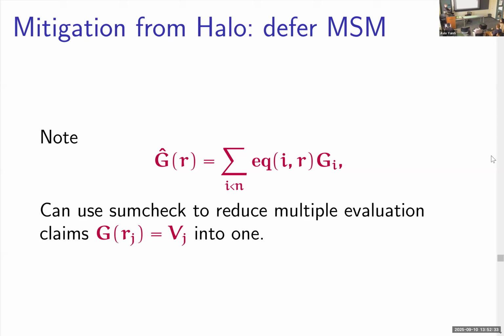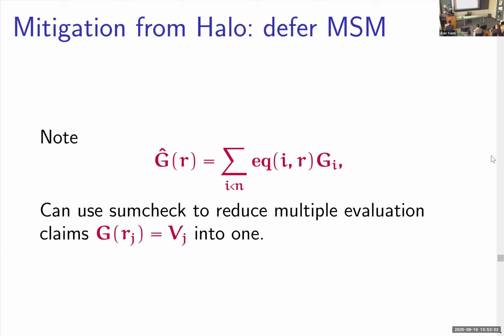So the first thing, as I said before, you can use the fact that the G hat of R is of this form to efficiently combine, if you have many evaluation claims, G of Rj equals Bj.